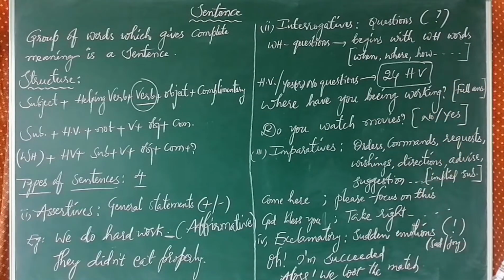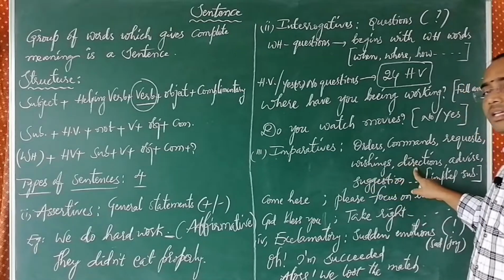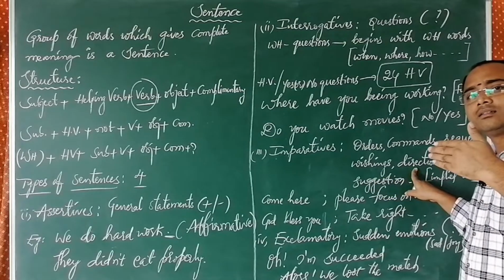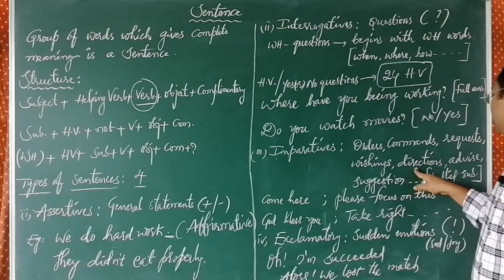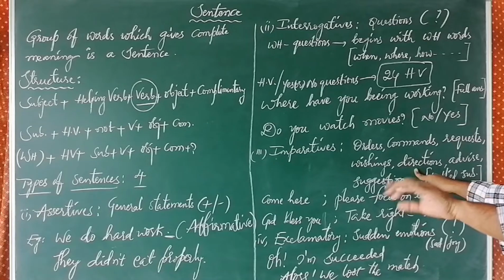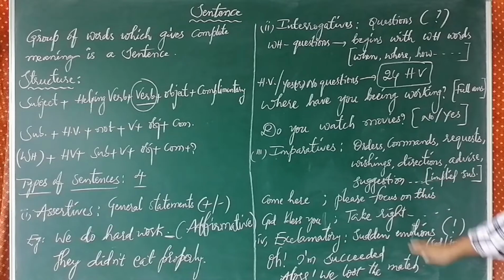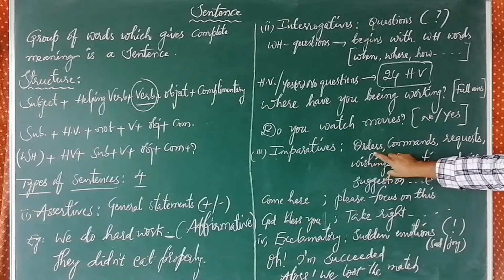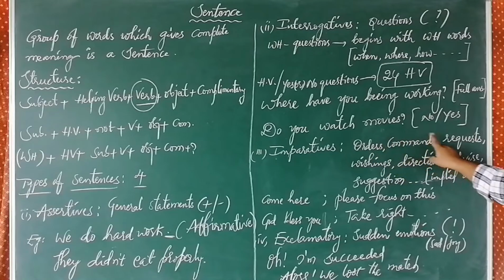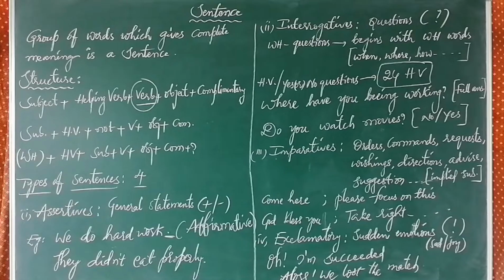Next, request. We know very well when someone asks please, that is a request. Wishing: good morning, good afternoon, good evening. Direction: go straight, come back, stop, wait, stop and take a right turn, wait and take a left turn. In such a way, directions, advice, suggestion. Whenever you want to speak any one of these, that is considered imperative.